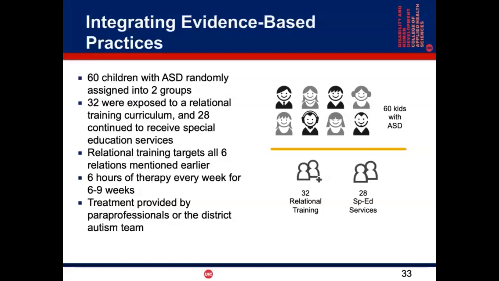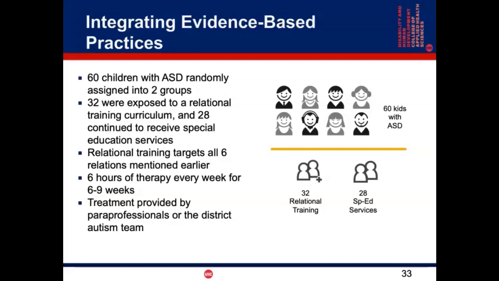What we have here is a study that was conducted about a year or so ago by myself and my associates, in which we identified 60 children with autism in a public school system, ranging in ages from 5 up until about 17 or 18 years of age, and we randomly placed them in one of 2 groups.